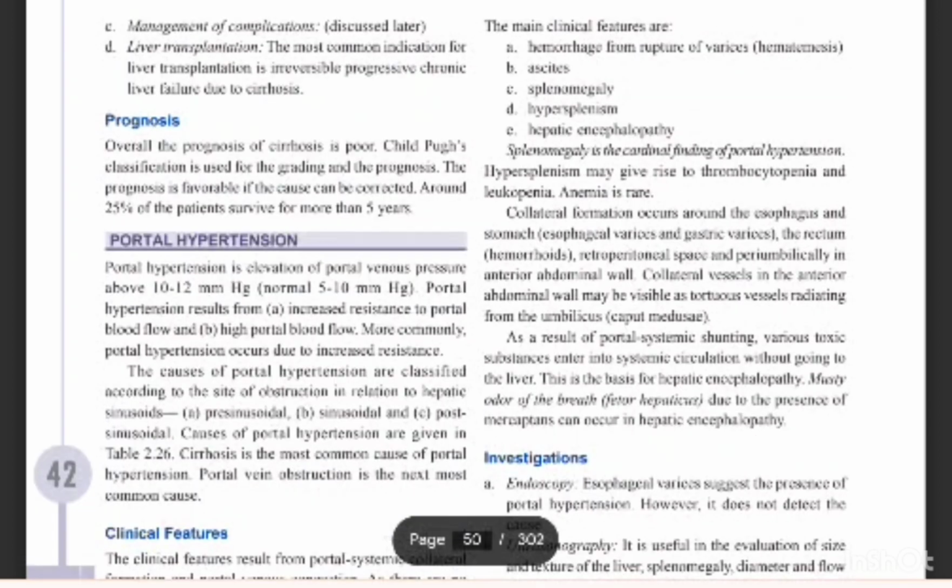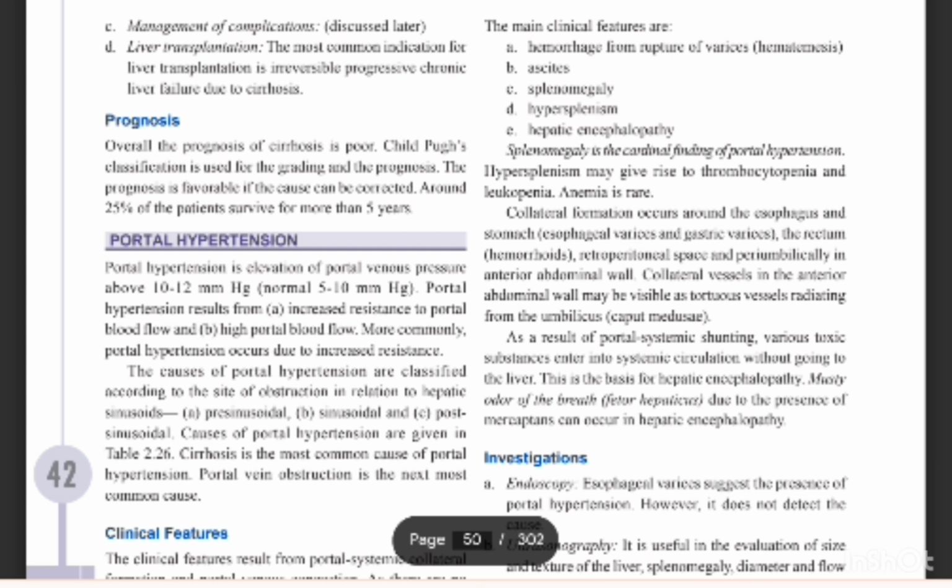The main clinical feature is hemorrhage from rupture of varices, hematemesis. Because of so much pressure, these blood vessels rupture and there is blood in the form of vomitus.